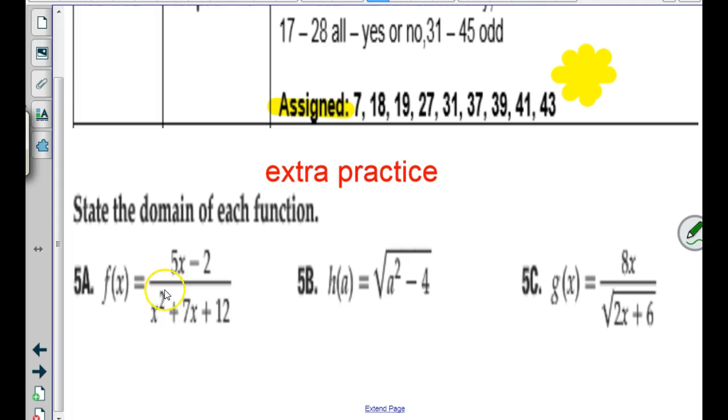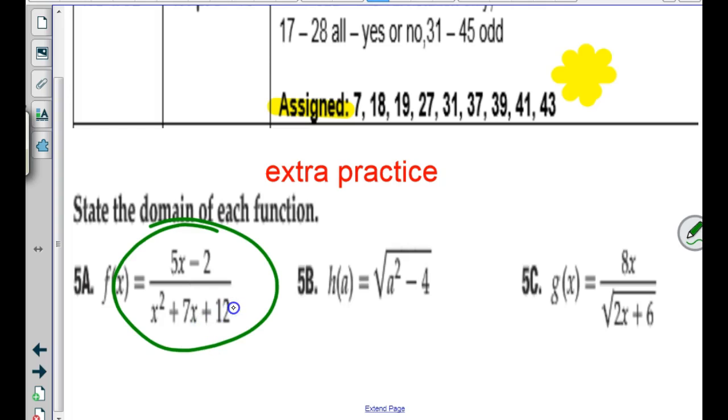But students really struggle with this idea of what are the restrictions on the domain. What can x not equal here? That's wrong. X can be 0. If I put a 0 in, I will get -2/12, which is okay. What can't equal 0?